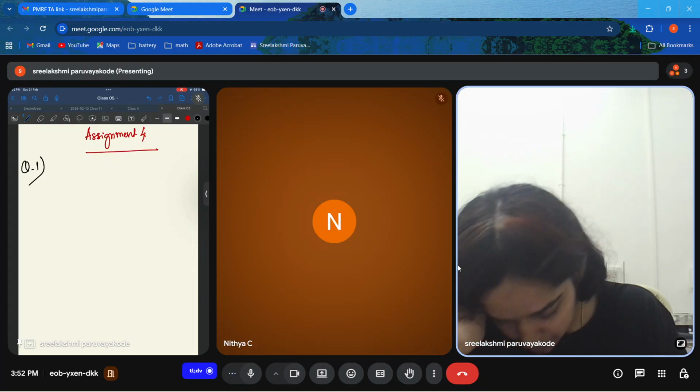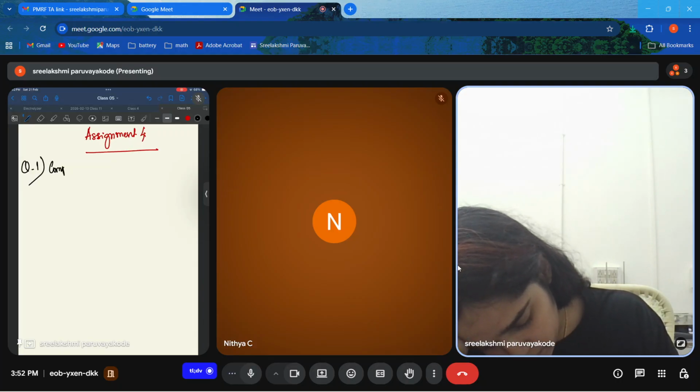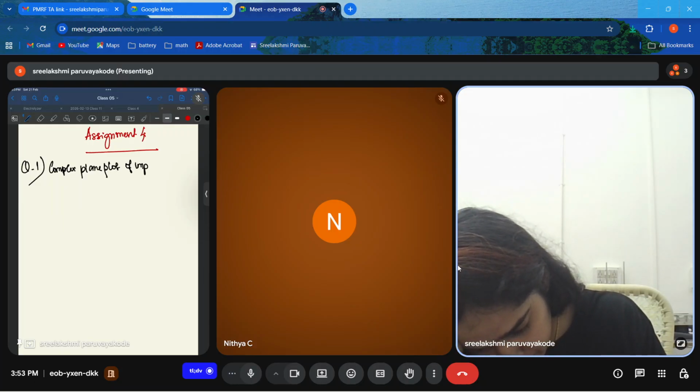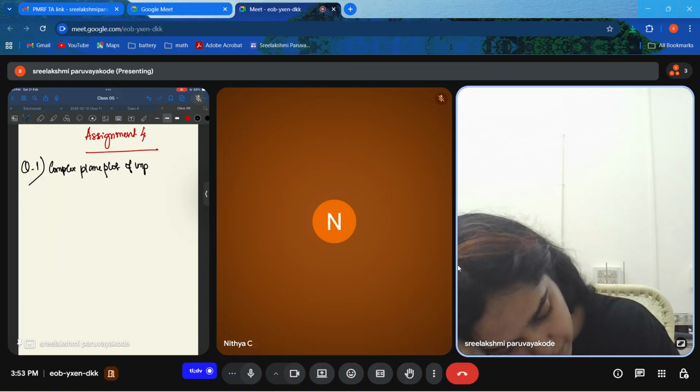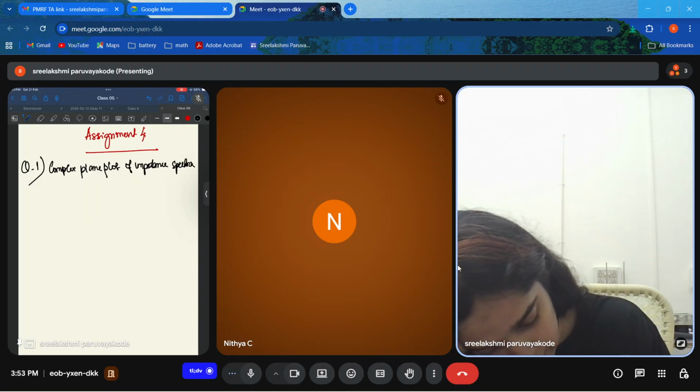Question one. I'll be writing down the question. Complex plane plot of impedance spectra is given below. So I'm drawing the circuit here.